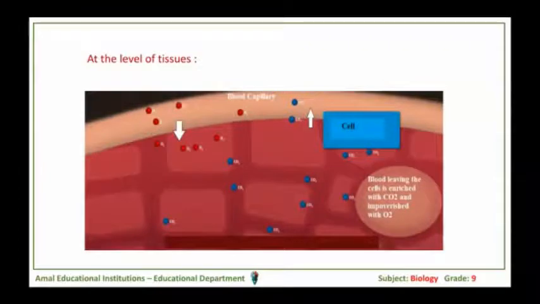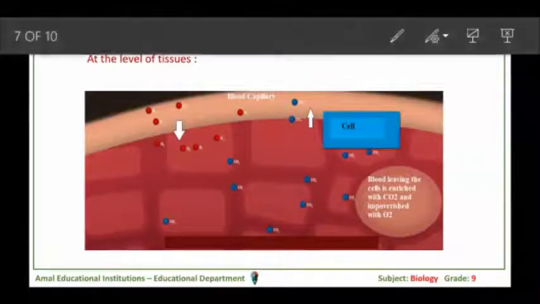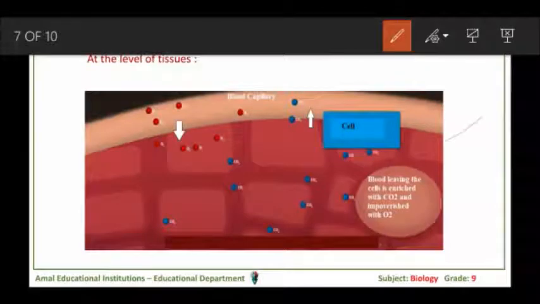In this slide, we are going to talk about the gas exchange at the level of tissues. As we said before, the cells or the tissues take oxygen and release CO2. So these are the cells surrounded by blood capillaries.